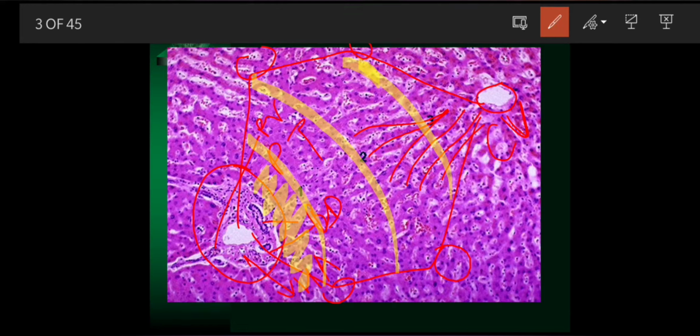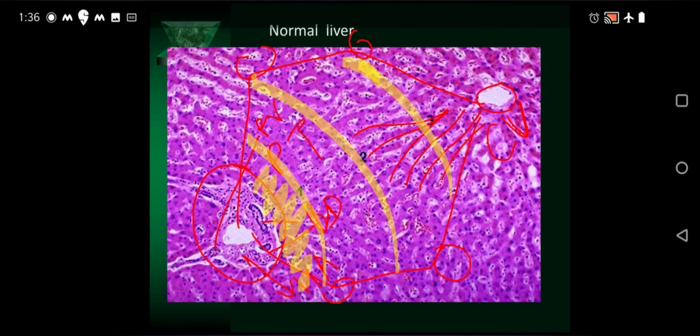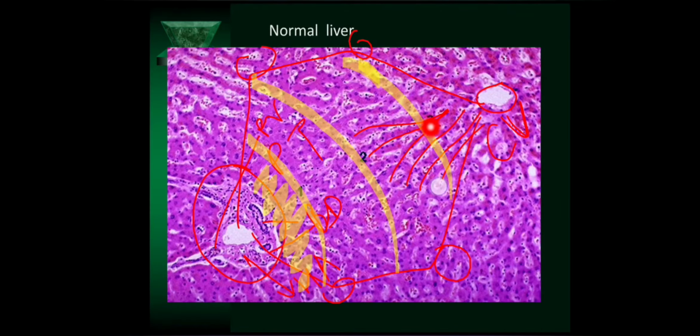This zone is closest to the portal triad, and hence it is very prone to toxic injury. Zone 2 is intermediate between zone 3 and zone 1. Zone 3 is also known as the centrilobular area. So this is zone 3, which is nearer to the central vein.